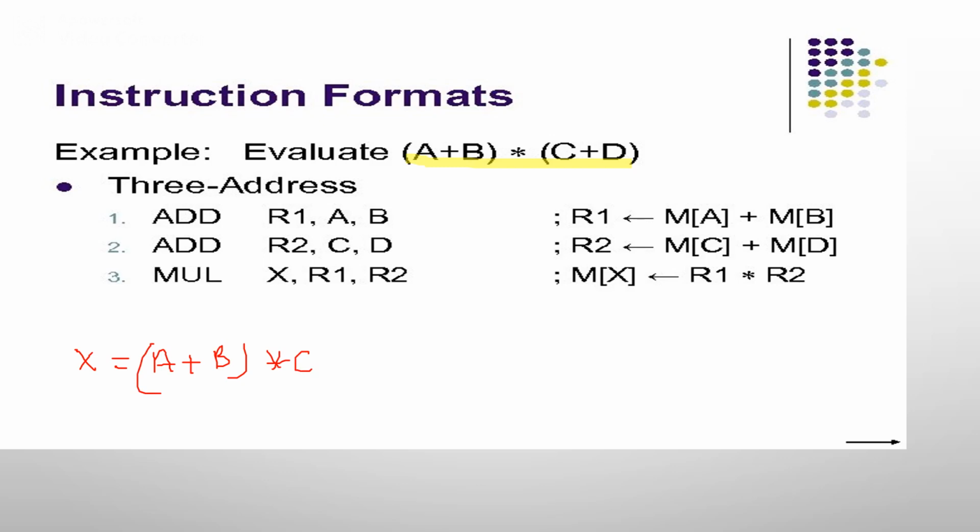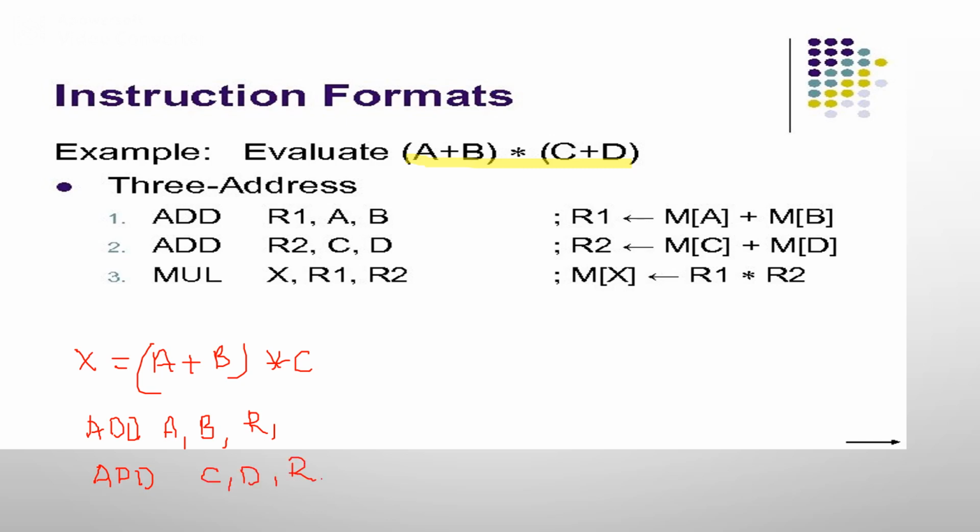So for that, initially I'll add content of a comma b. So I'll store it in one register R1. So similarly, I'll use one more add operation, add c comma d.